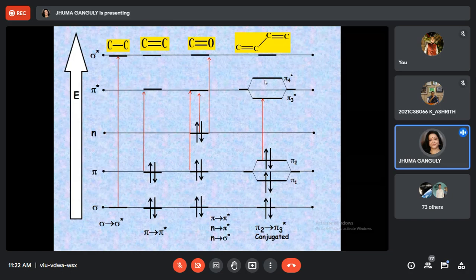Because there are more pi electrons in the pi system, we get more possibilities. But the one where the energy gap is least is the characteristic maximum for a particular molecule, and that depends on its structural property. Because of their pi electron environment, each compound has a specific absorption. That we compare and study in UV-visible spectra for structural analysis.